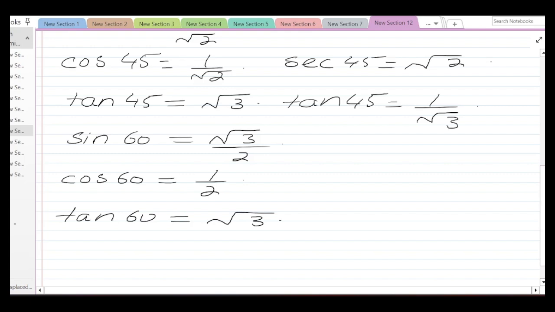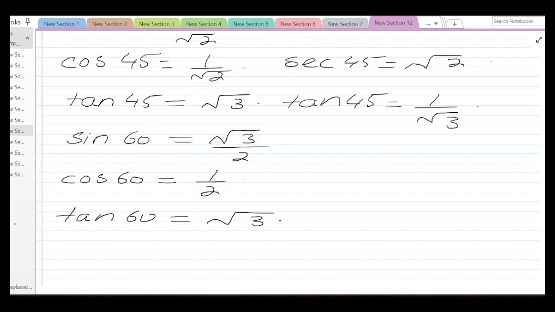Why is that? That is because under root 3 by 2 is divided by 1 by 2. So we change the sign from division to multiplication, and the values are swapped. That means the 2 will be on top and the 1 will go at the bottom. So 2 and 2 get cancelled and we only remain with under root 3.